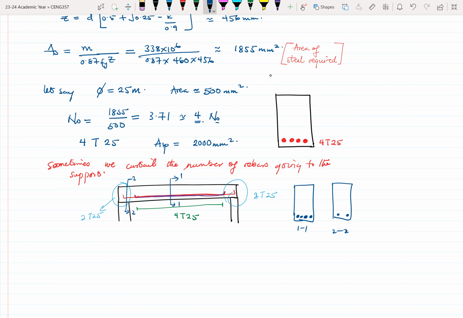So now let's look at the design for shear. The first one was the design for bending. All right. So let's look at A. So that'll be the analysis.